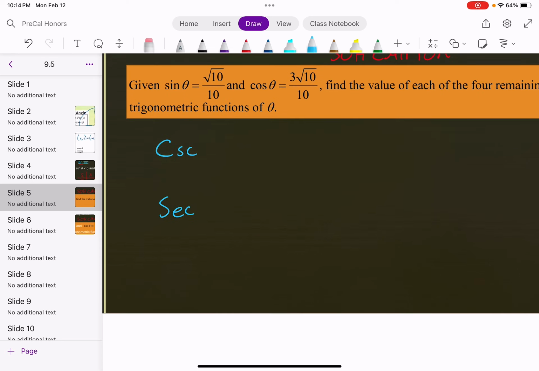We need to still search for tan and cotangent. Keep in mind, this is all of theta.